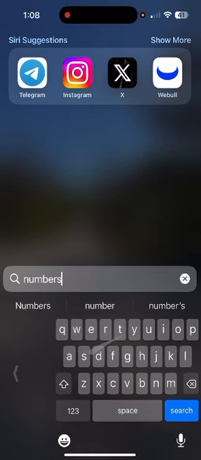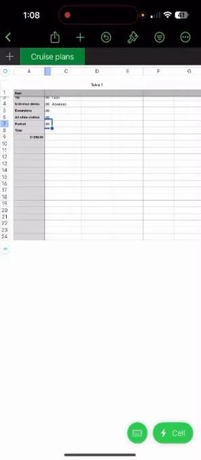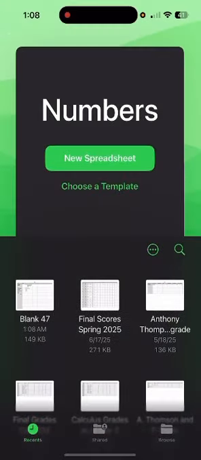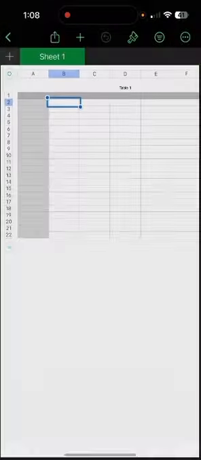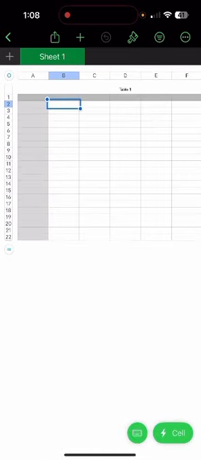So Numbers, hopefully I don't have anything sensitive. Okay, cool.